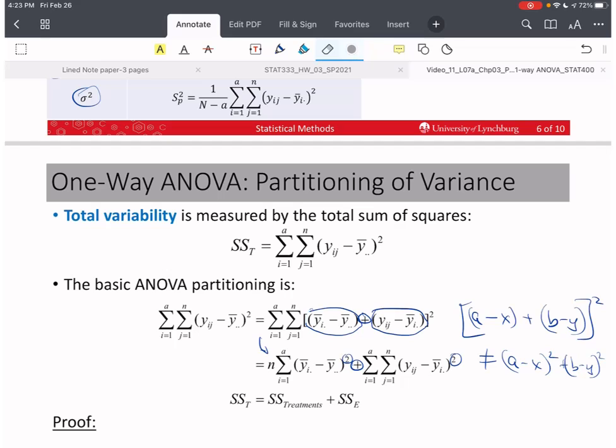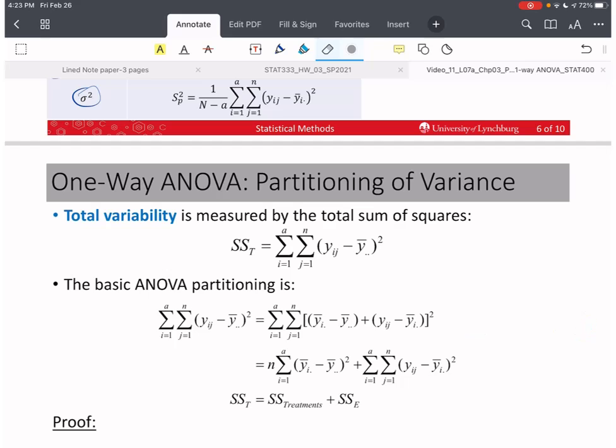But right now, what I want to show you is that when this gets simplified, in this term we have n times y_i dot bar minus y dot dot bar. And so this is an estimate of tau_i, or the treatment effects.